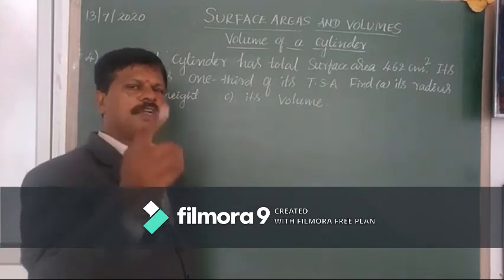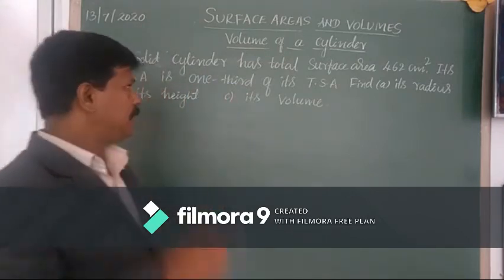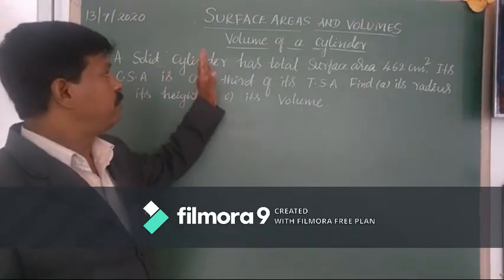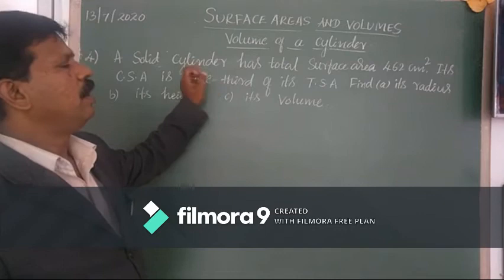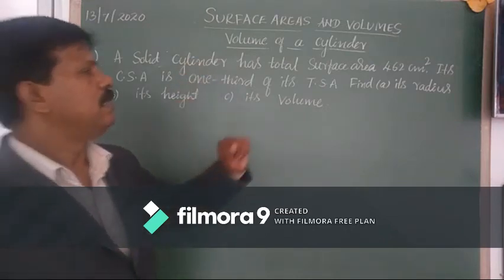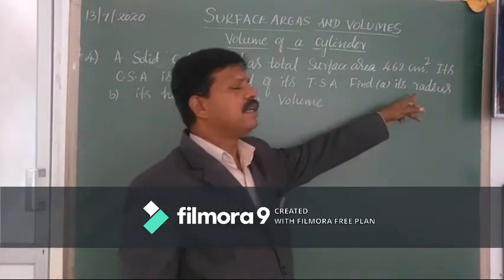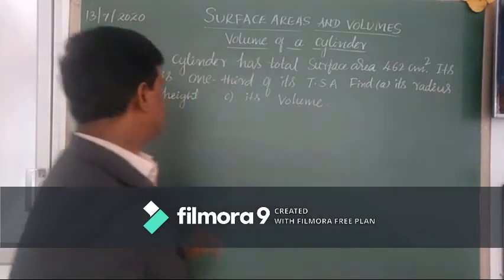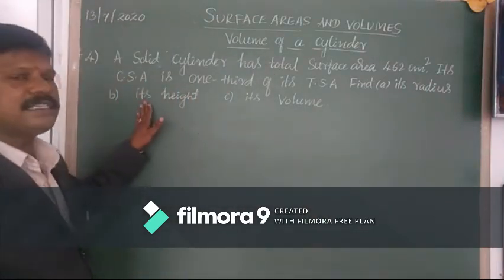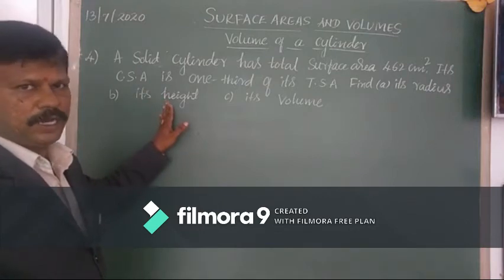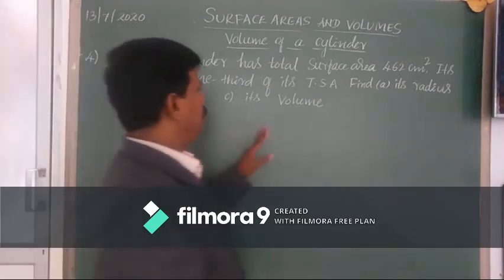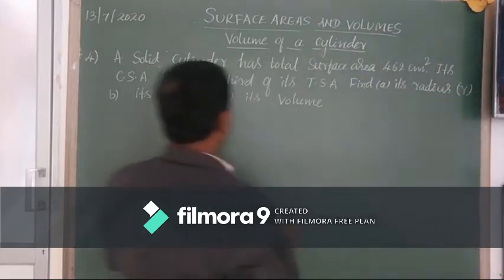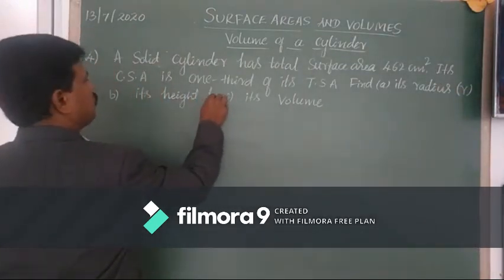Out of the 3 parts, you should take 1 part. That is the curved surface area of the cylinder. Now, what did they ask? They asked its radius. First one is we should find out the radius. Second one is its height, h we should find out. And third one is volume we should find out. So radius r and height h we should find out.